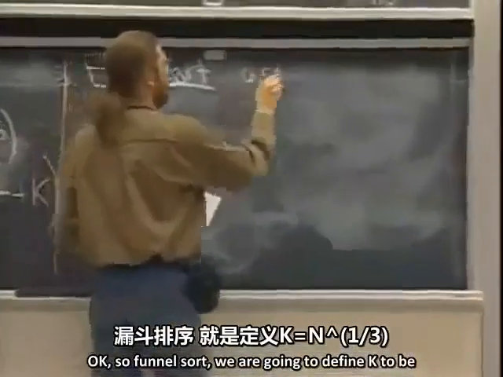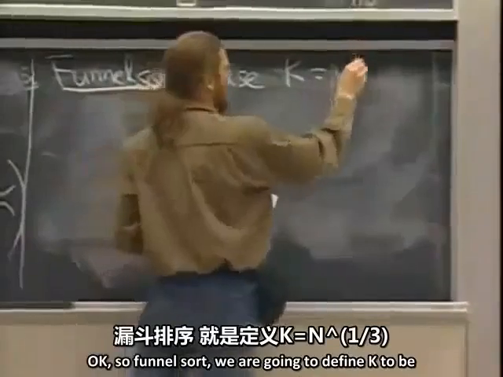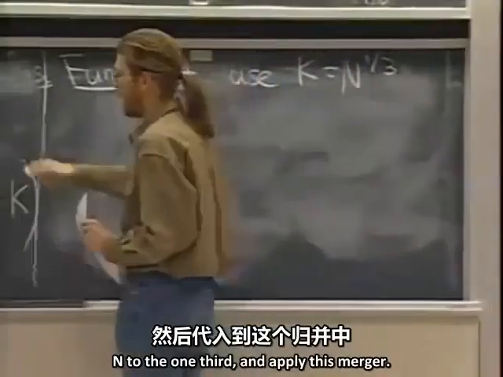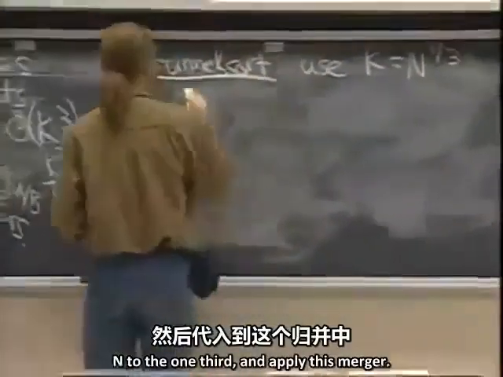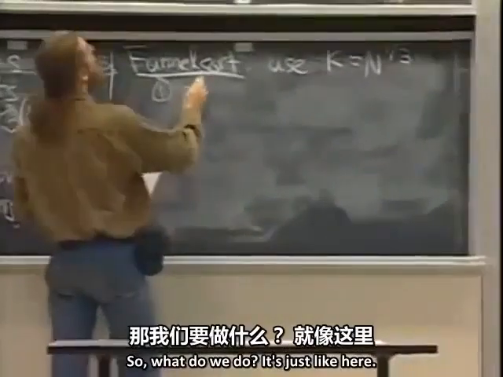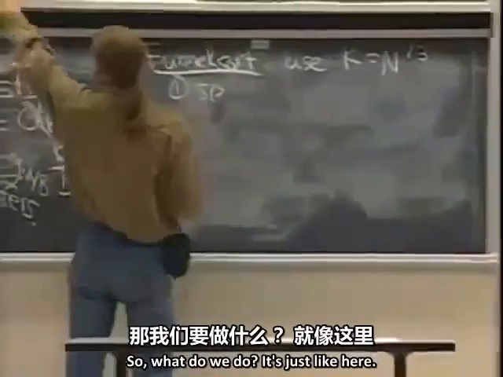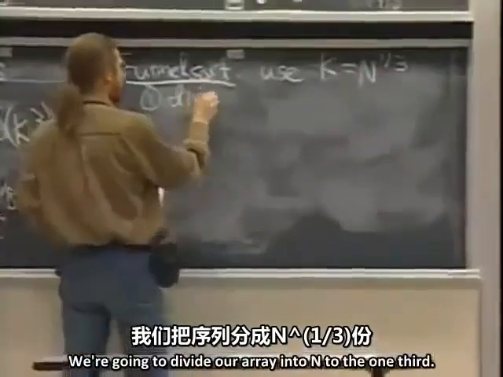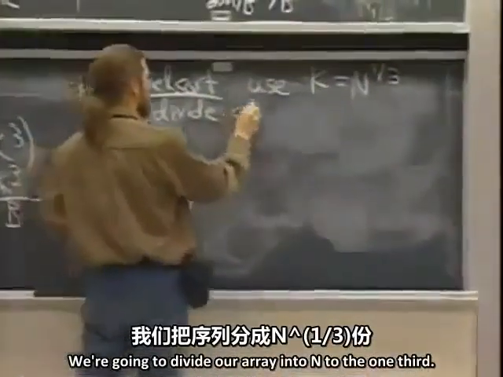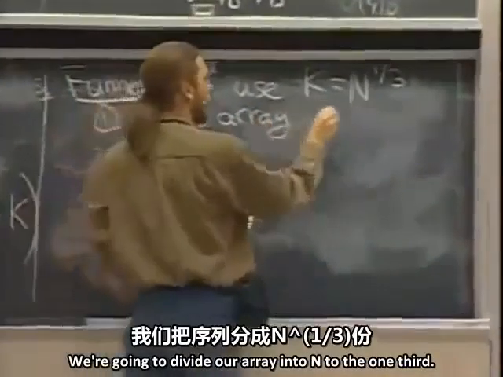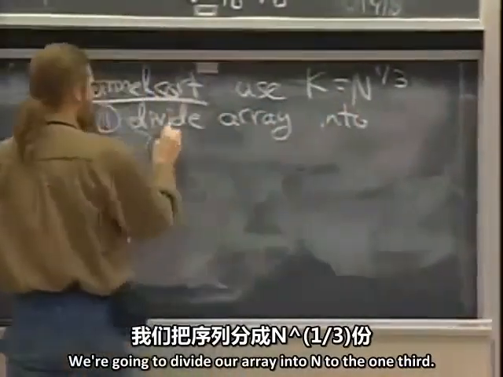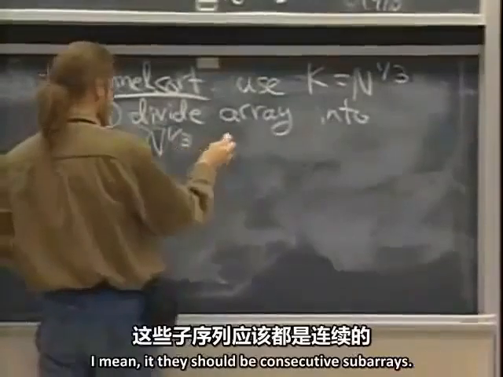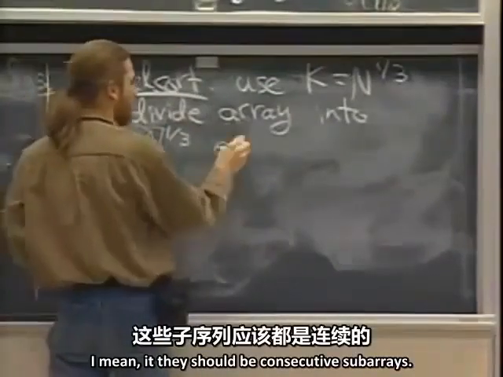So funnel sort, we're going to define k to be n to the 1/3 and apply this merger. Just like here, we're going to divide our array into n to the 1/3 consecutive subarrays.